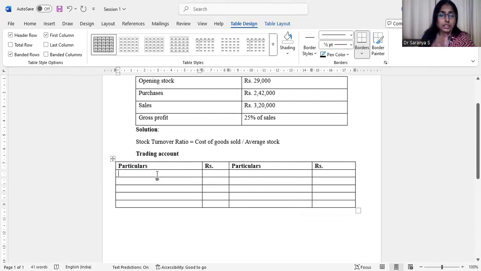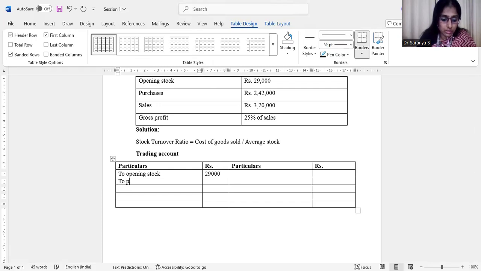The first item is opening stock, correct? So we write 'To opening stock', which is given as 29,000 in the question.